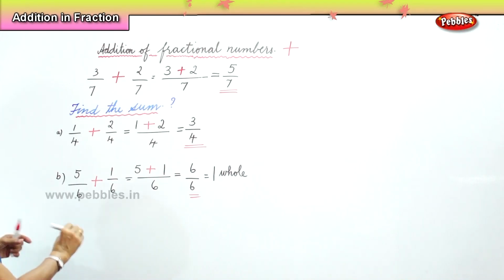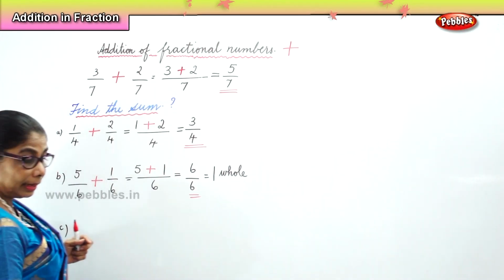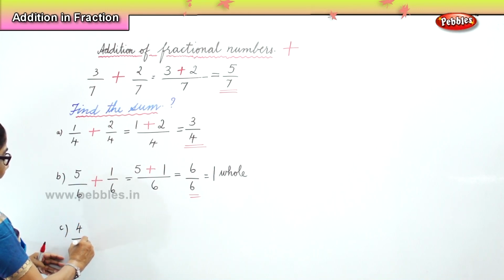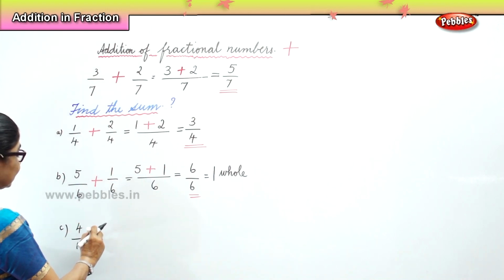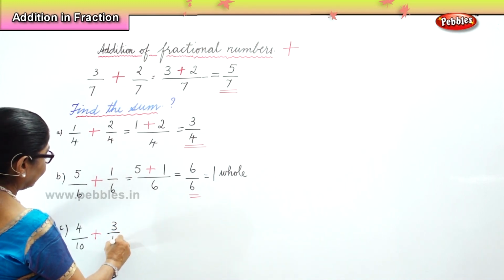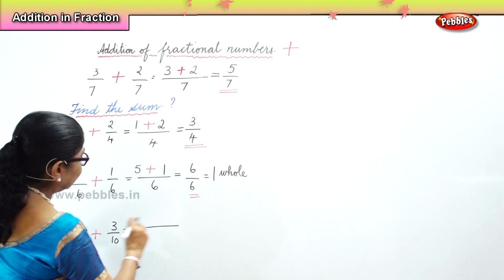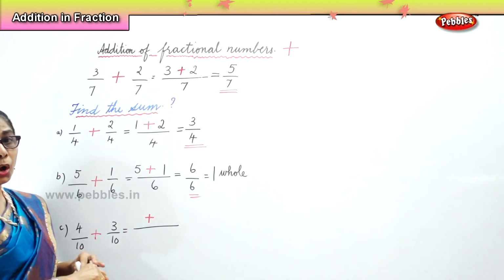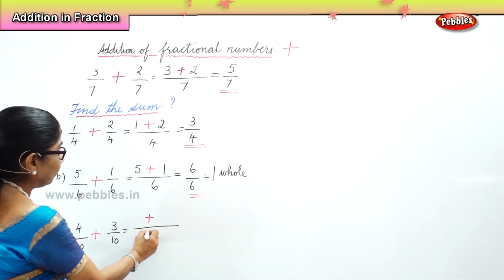Okay, next sum. Let's say 4 by 10 plus 3 by 10. Here again the denominators are same.